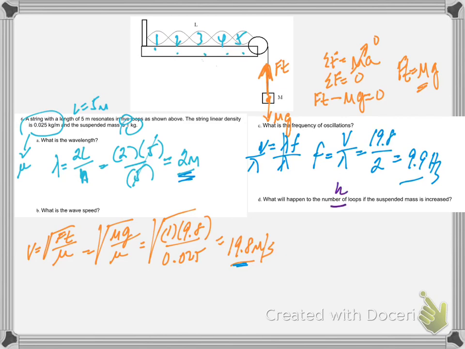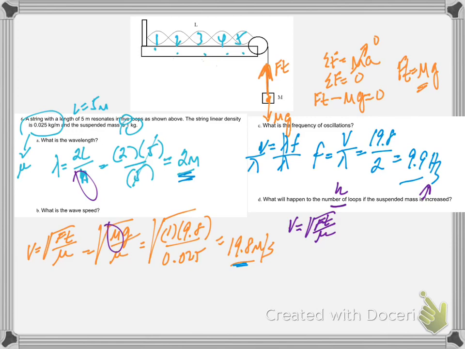Part D, what will happen to the number of loops? So the number of loops is n if the mass is increased. So if we increase the mass, we need a relationship between mass, which is here, and the number of loops, which would be n, right? So let's say velocity equals the square root of tension force over linear mass.